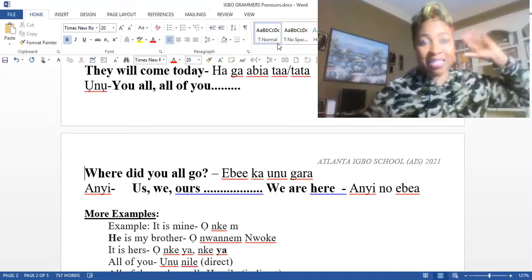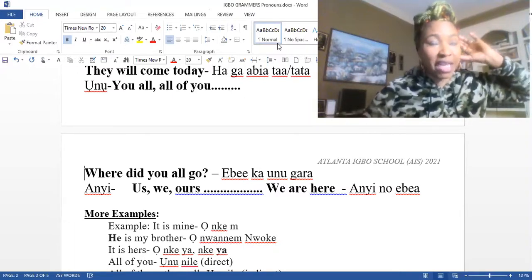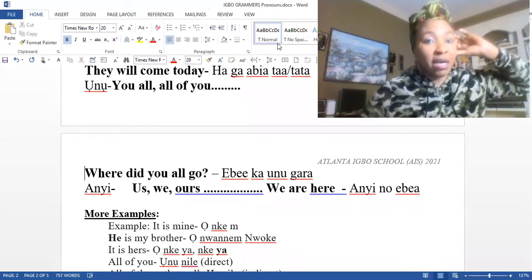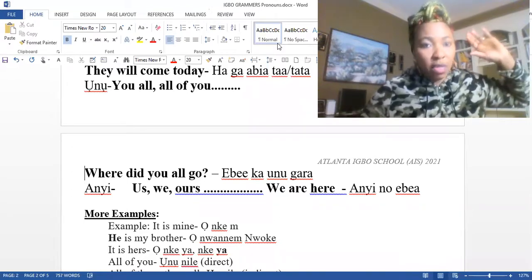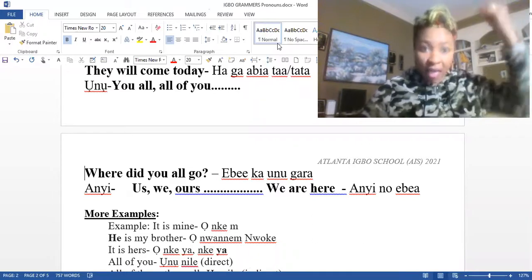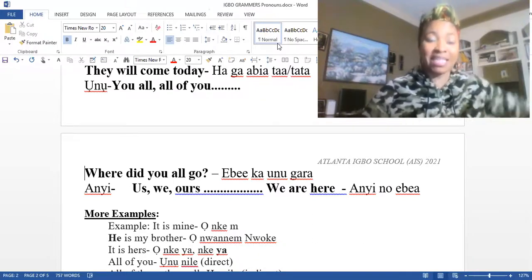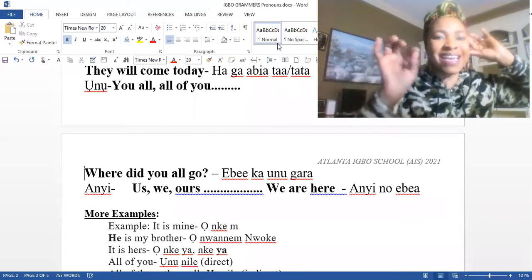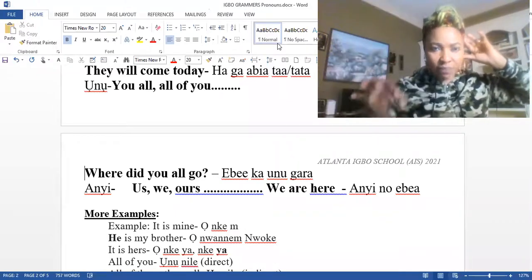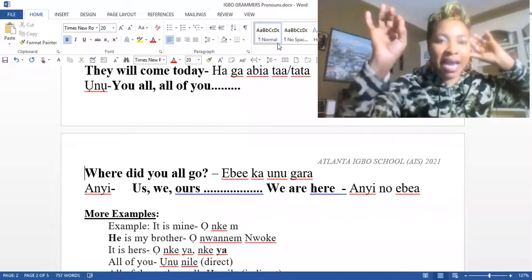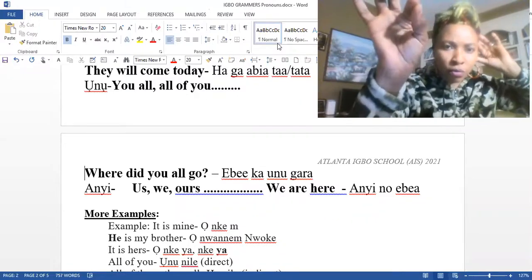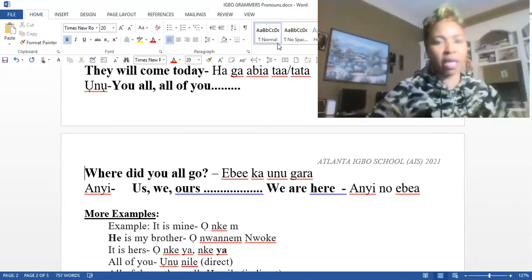I cannot be asking one person a question on the phone and say, Onu nile, ebeka ono gara. No. If the question has to do with just one person, it means Ebeka I gara. I, that's I with a dot. It means, where did you go?